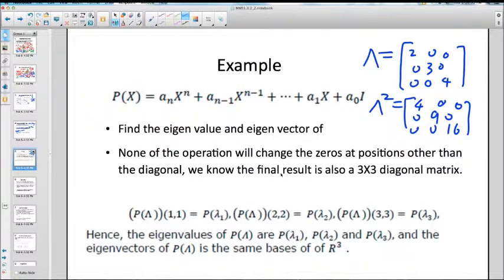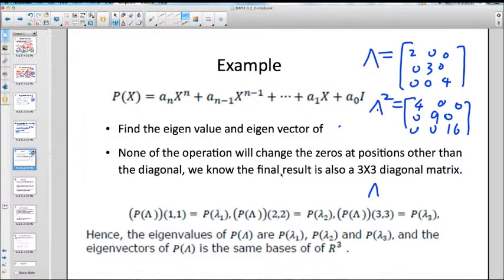Everything else still stays 0. And the cube, then you get a little bigger. Anyway, the bottom line is everywhere else except this diagonal is 0. Keep that in mind. That matters for power or polynomial.